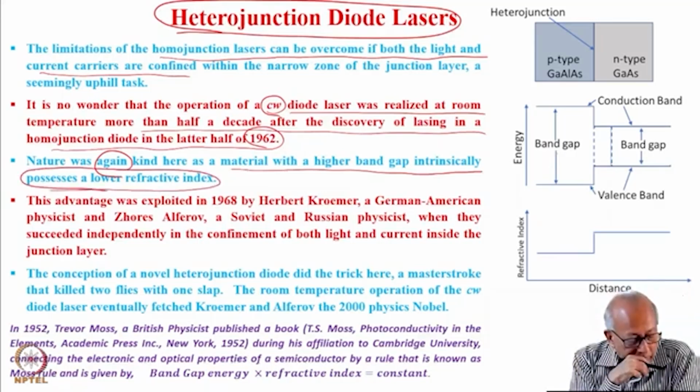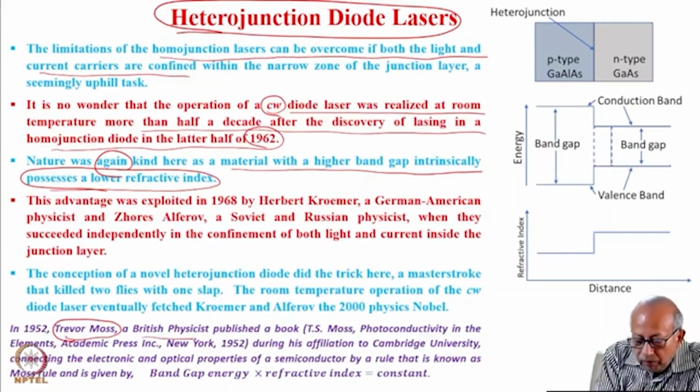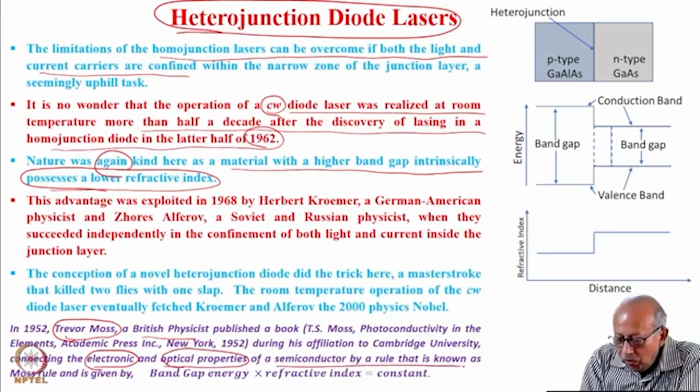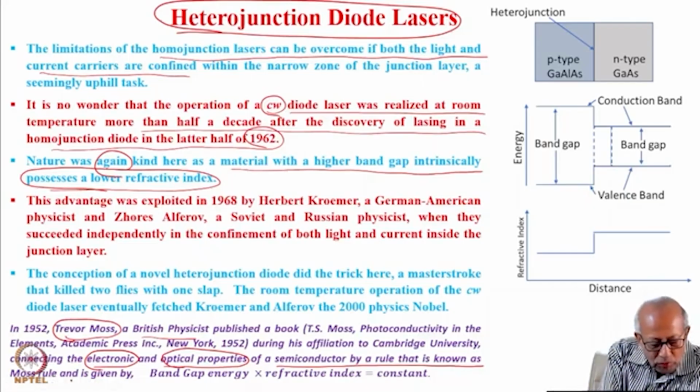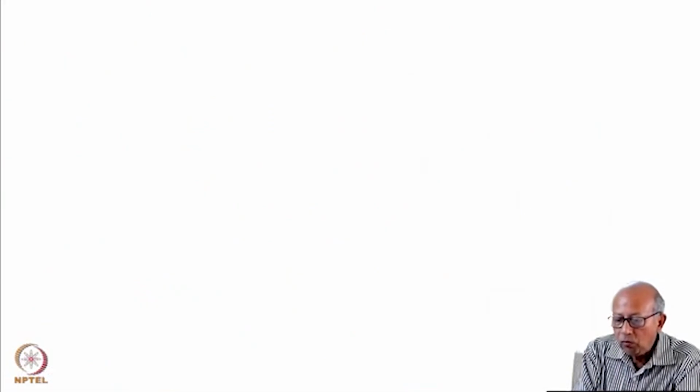In this context, I will refer to an important work carried out by Trevor Morse, a British physicist, who was the first to connect the electronic and optical properties of a semiconductor by a rule that is now known as Morse rule and is given by band gap energy into refractive index is constant. So what does it say?